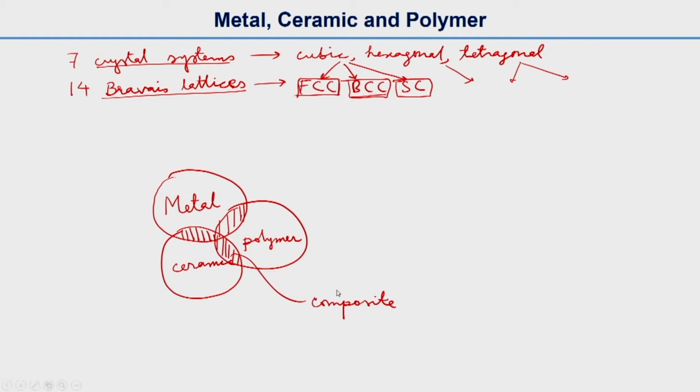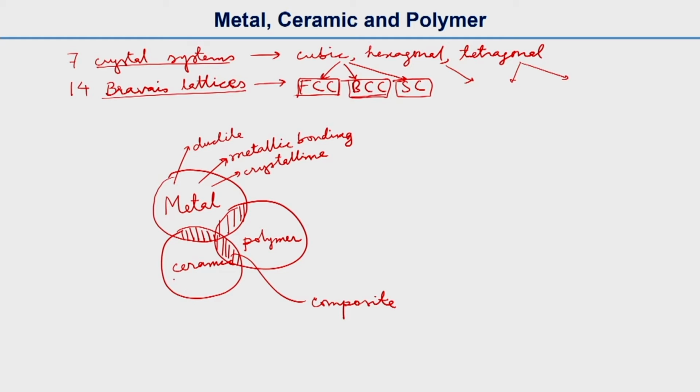So very quickly, some important points about these materials: metal is mostly ductile material, and this classification is also based on the bonding between the atoms. Metals have metallic bonding, and metals are also crystalline in nature, what we discussed in the last class, last slide.